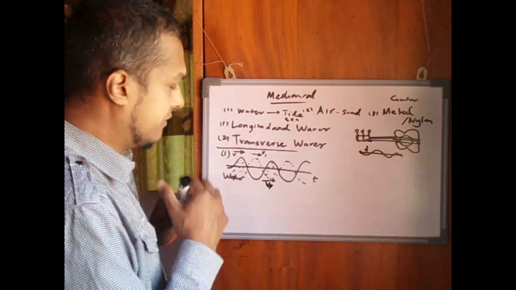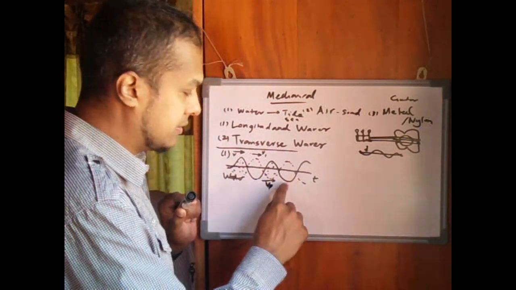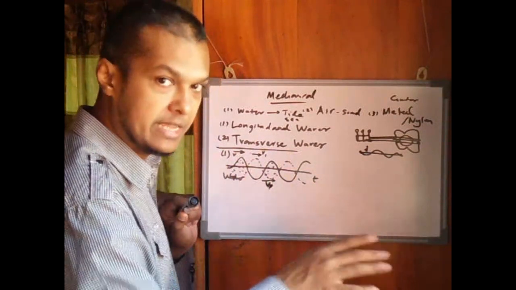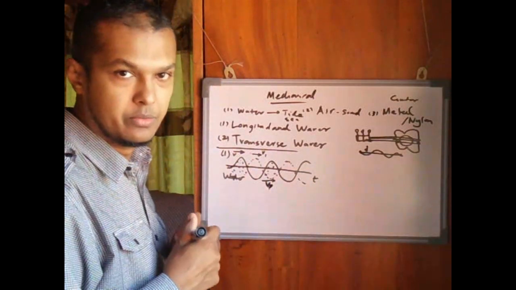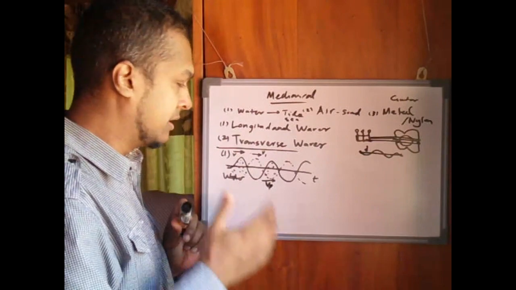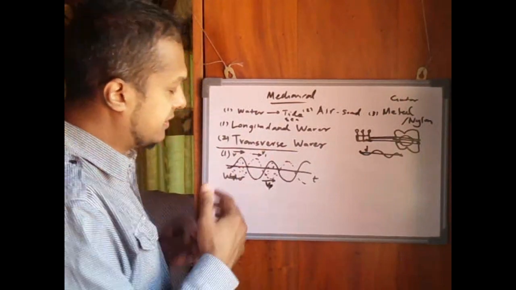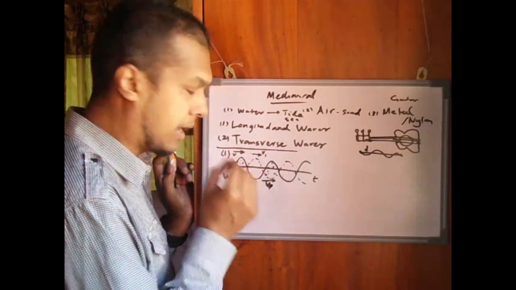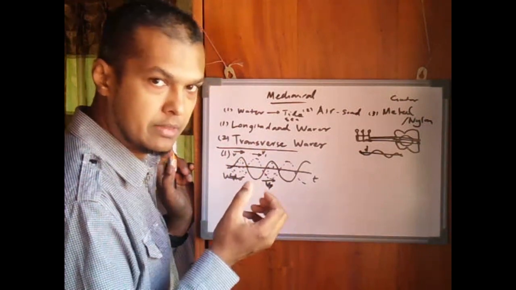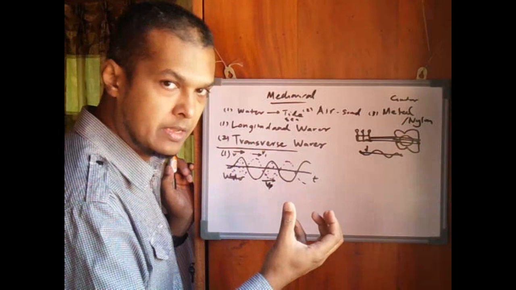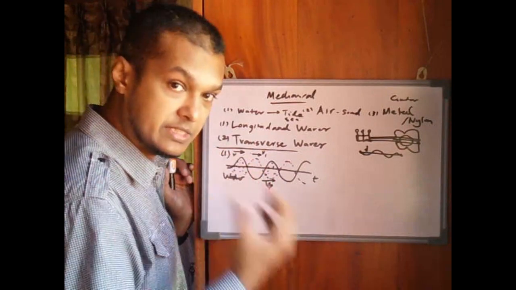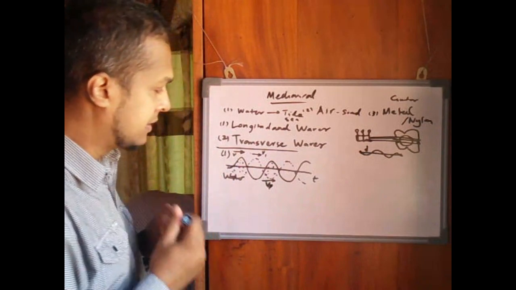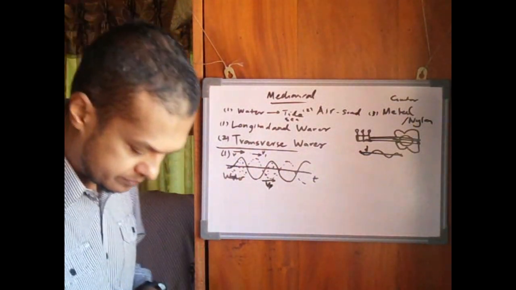If the direction of the particles and the direction of the actual wave are the same, then it's called a longitudinal wave. So once again, if the direction of the wave and the particles of the medium that carries the wave are in the same direction, they are called longitudinal waves. So that is the first type.